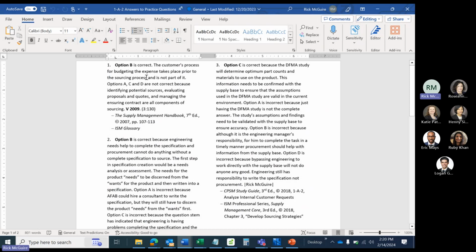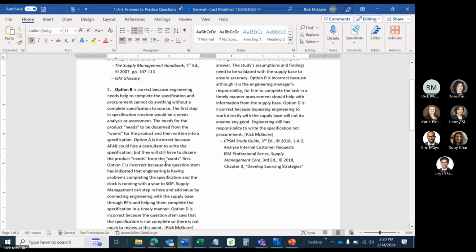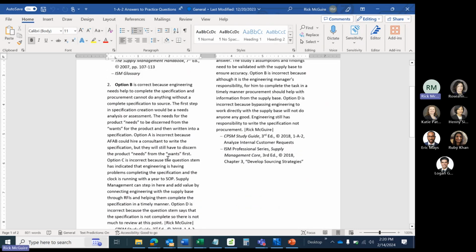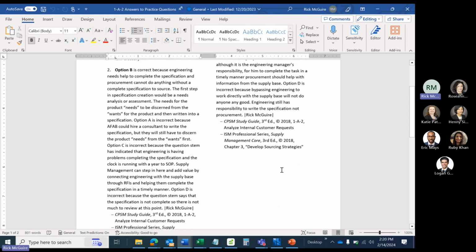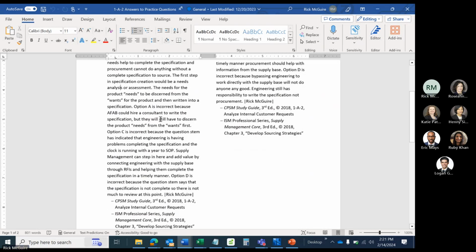Customer's process for budgeting and the expense takes place prior to the sourcing process. And number 2 is also Bravo, because engineering needs help to complete the specification. Procurement cannot do anything without a complete spec. The first step is the spec creation, which would be a needs analysis.